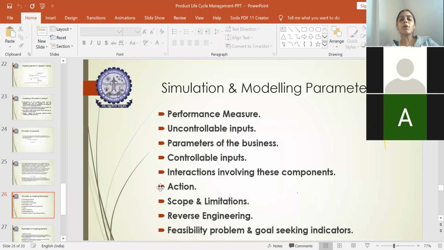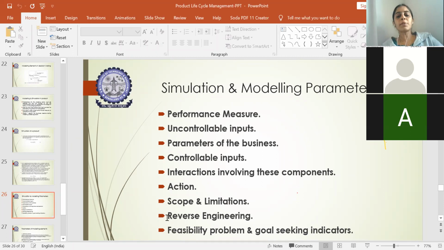Based on the action, you will be able to evaluate the scope for the particular product and its limitations, because the action will provide you the limitations and the plus points of a product which is yet to be manufactured. So this helps in identifying the scope of the product and its limitations.